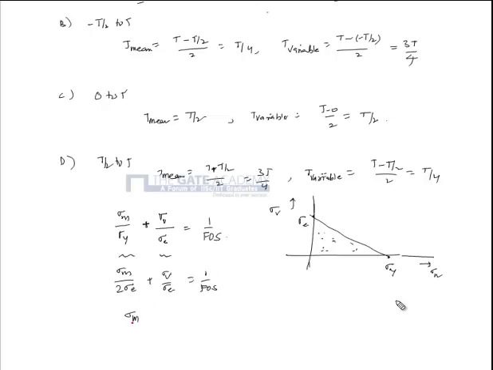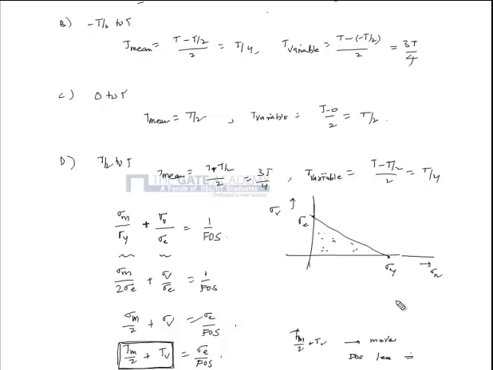So what remains is sigma mean by 2 plus sigma variable equals sigma e by FOS. I can substitute this in terms of load also, assuming the area is constant. Now I need to find this function for all the loadings, because the more this left-hand side, T mean by 2 plus T variable, is, the less the FOS is, which implies it's critical.